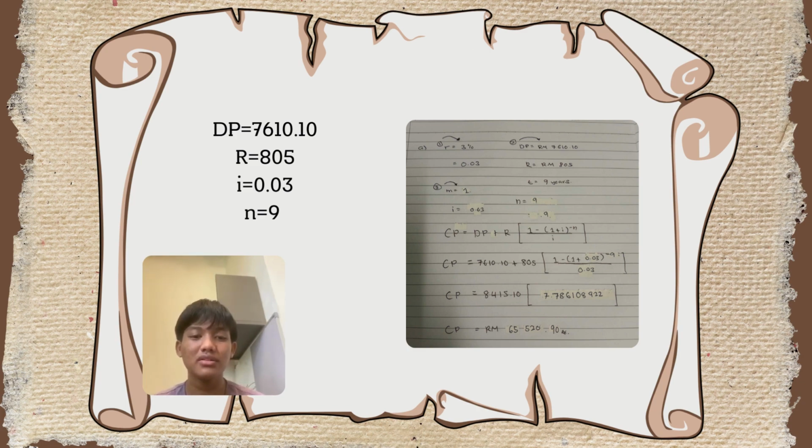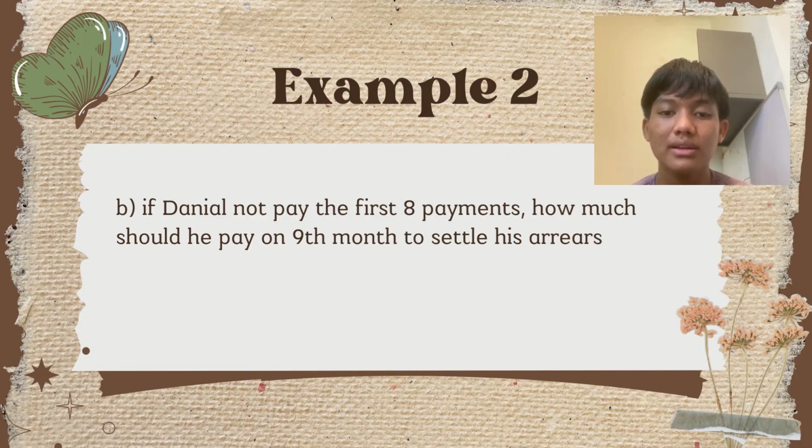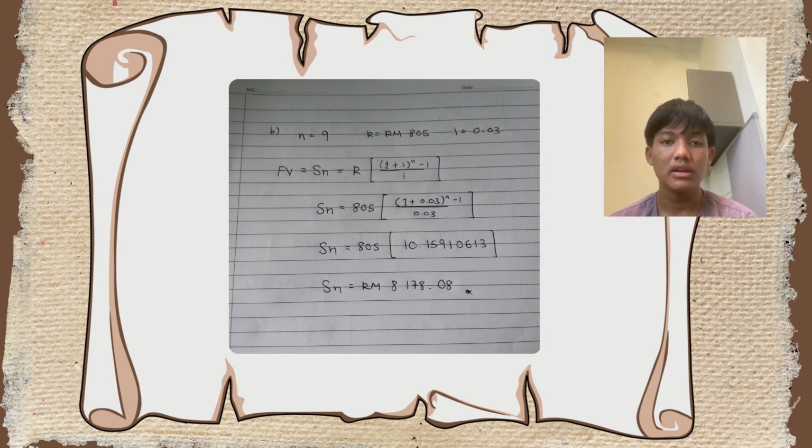So we continue to example 2. If Daniel did not pay the first 8 payments, how much should he pay on the 9th month to settle his arrears? Sn equals R in the bracket of 1 plus i close bracket to the power of n minus 1 over i close bracket.